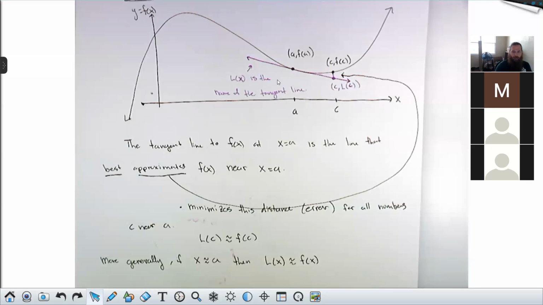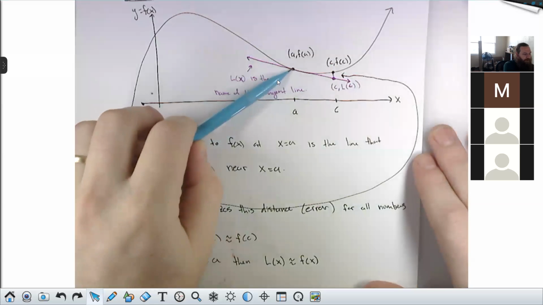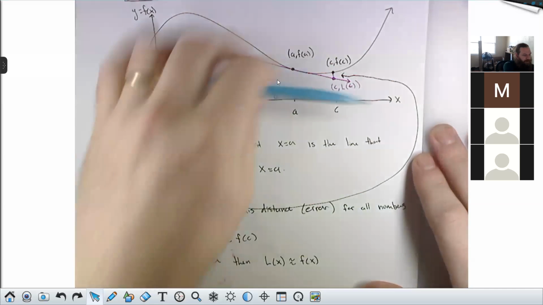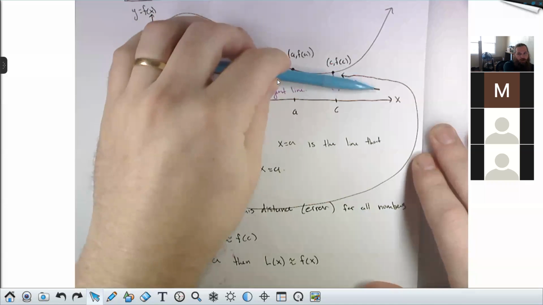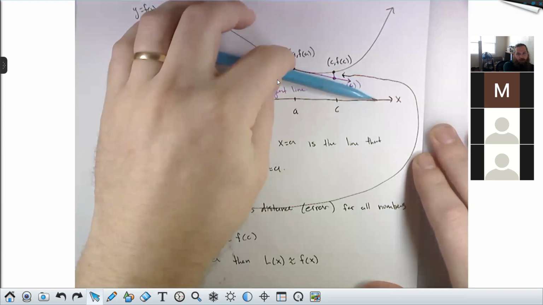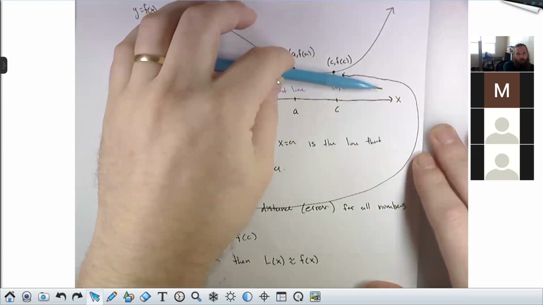And by best approximates, I mean, if you picked any other line, it has to go through this point. If it's going to do a good job of approximating f of x at A, then it has to agree with f of x at A. But imagine I picked any other slope. If I move this down, if I change the slope like that, then the gap on this side is getting larger, right? And you might say, oh, well, why don't you move this up a little bit?